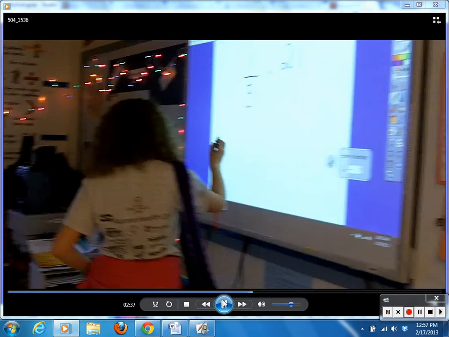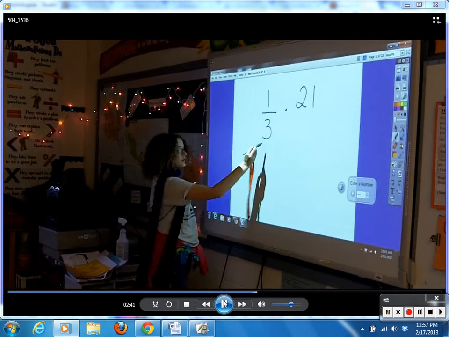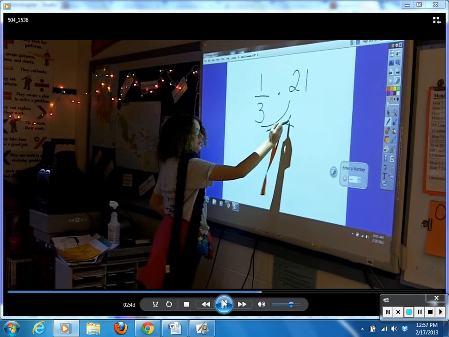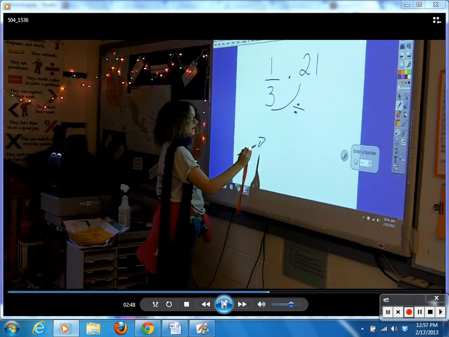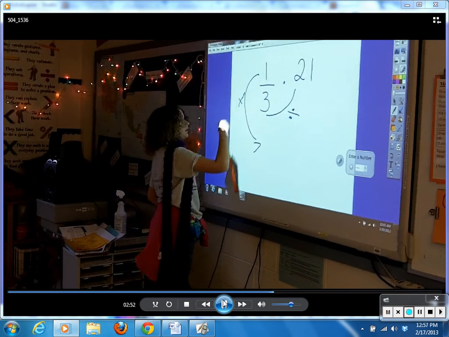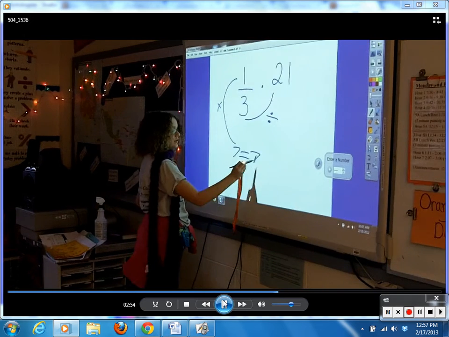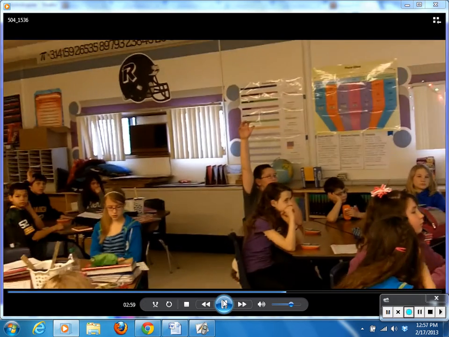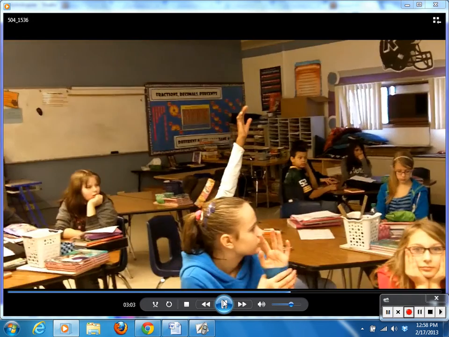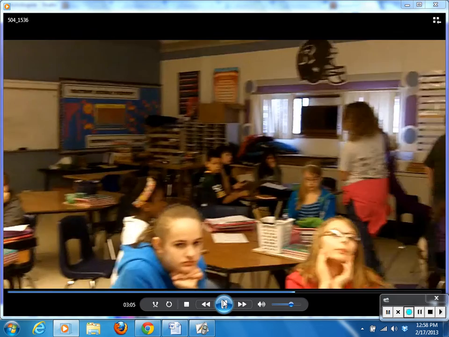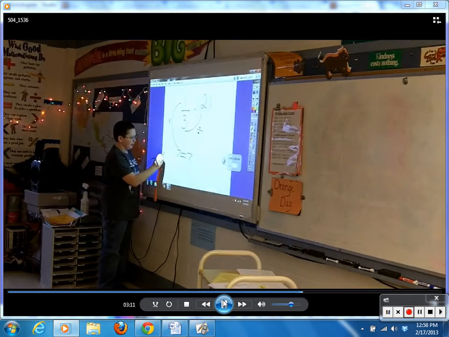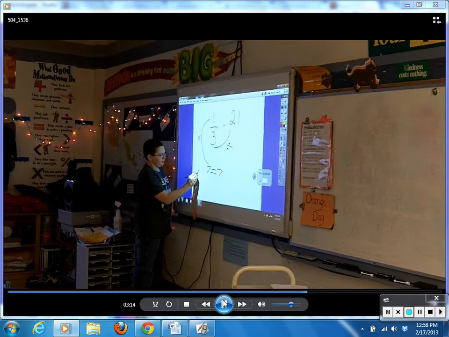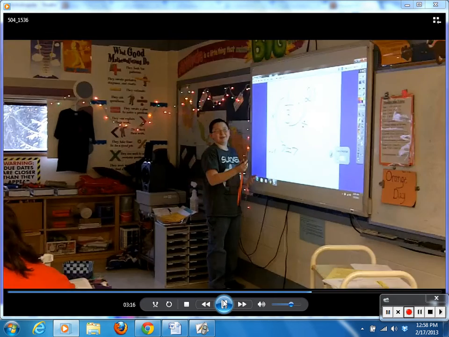First, I looked at how many times 3 goes into 21. So, I did division first. And then I found my answer, which was? 7. And then I multiplied 7 by the numerators, and then I got the answer. Okay. Did you think of it a different way? Pass the pen to somebody that thought of it a different way, please. So I thought of 21 dots, or I don't know, columns. Cookies?